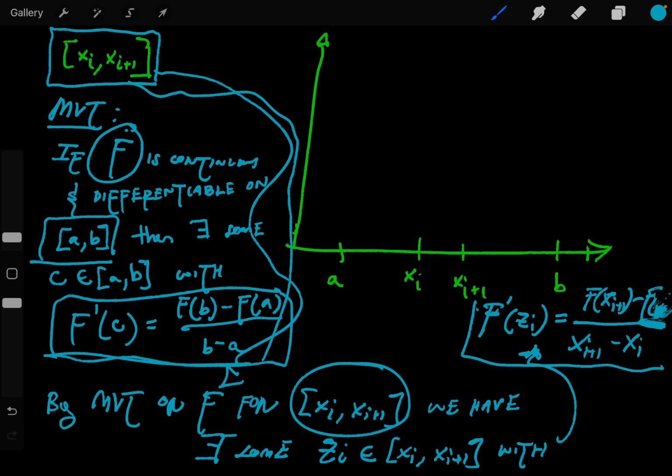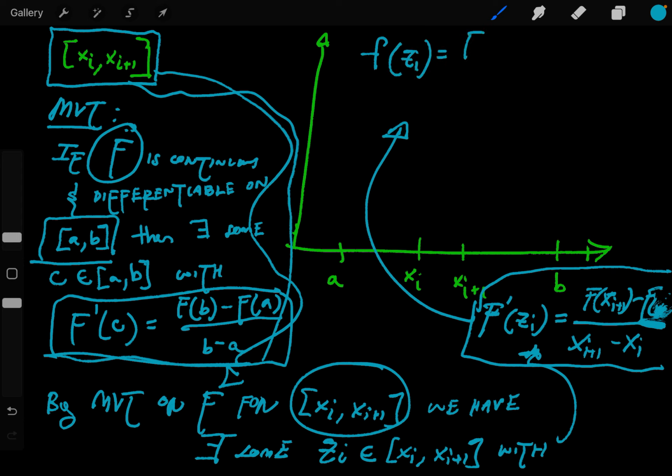So this is the key thing here, because capital F prime is little f prime. So I could write this again as f of zi is equal to capital F of x_i+1 minus F of x_i over x_i+1 minus x_i.